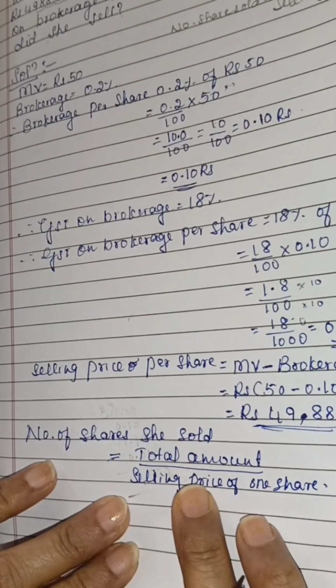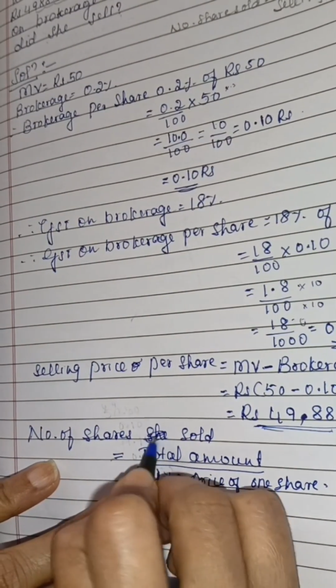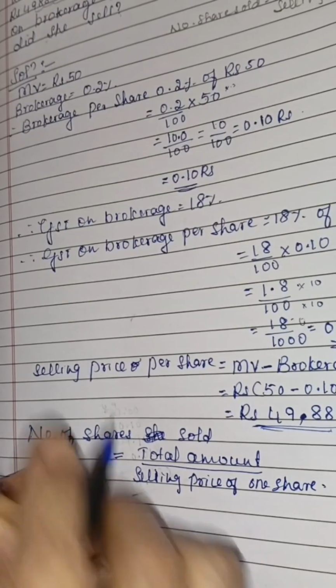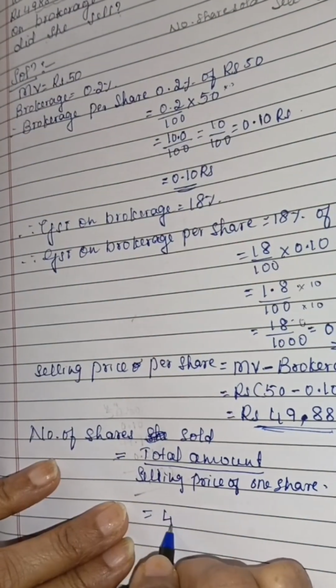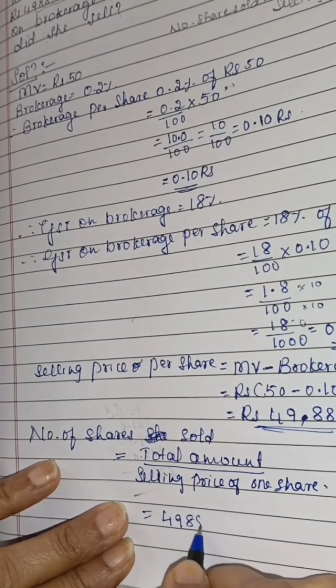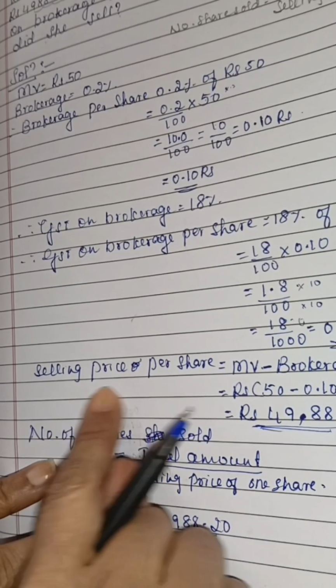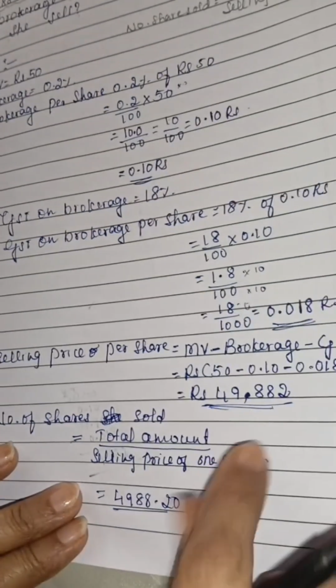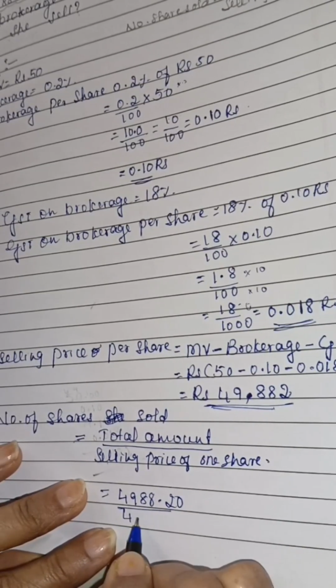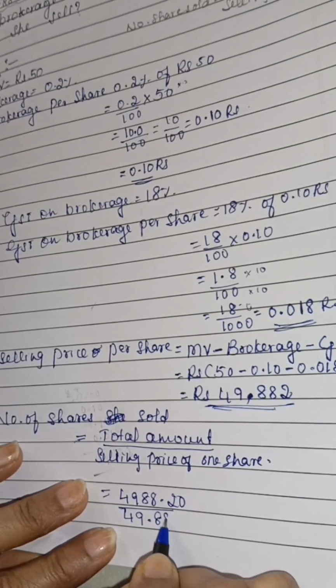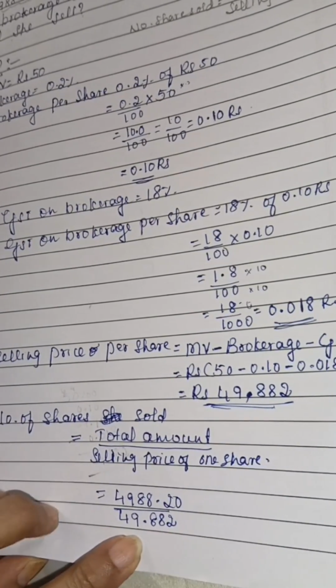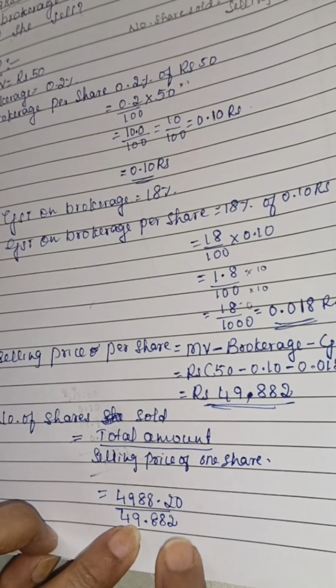The total amount received is rupees 4,988.20, divided by the selling price of one share, which is 49.882.